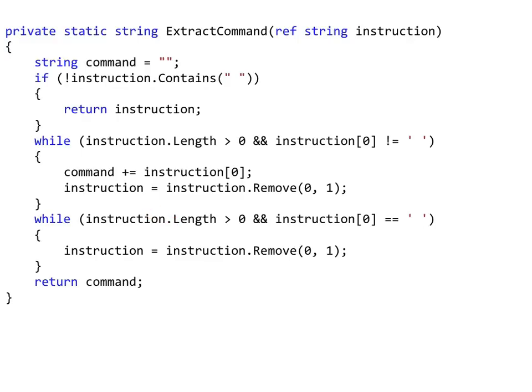So at the end, command will equal get without a space at the end of it, and instruction will equal torch, again with no spaces, and both values get returned to the calling subroutine, because command gets returned as a return value and instruction was passed by reference, so the calling subroutine now has access to those new values for both of those.